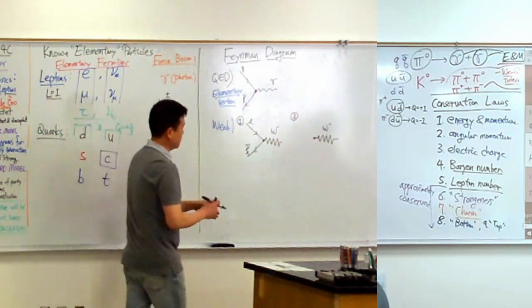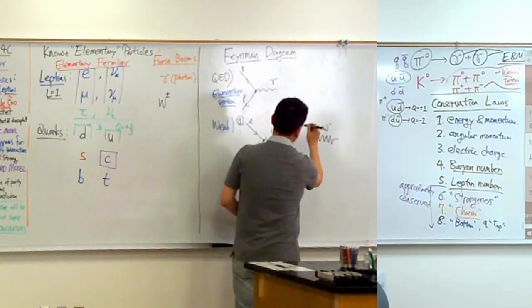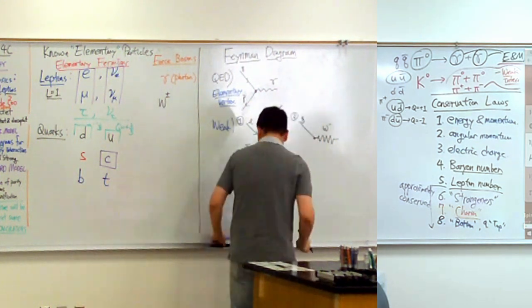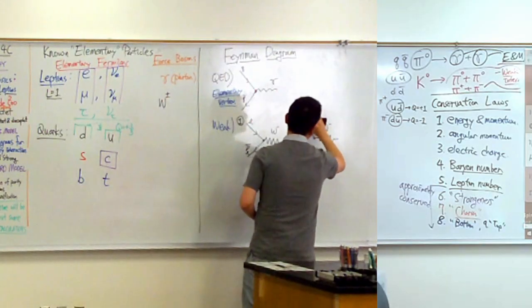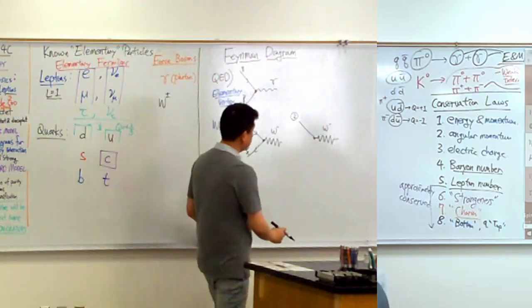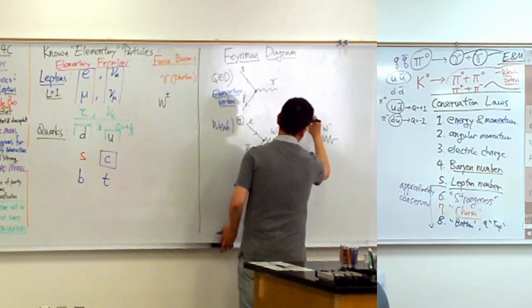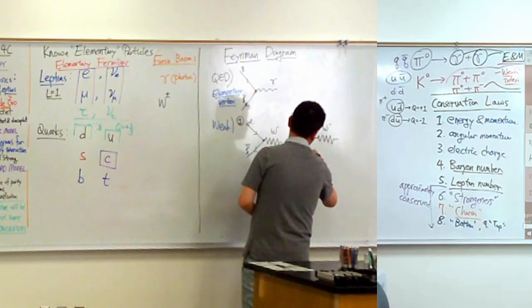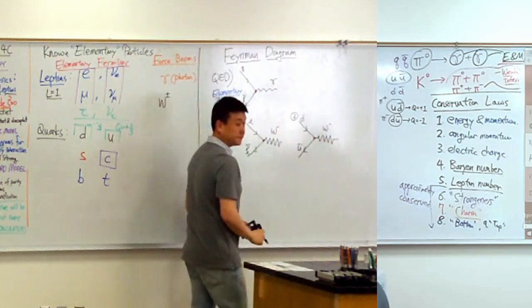So that's the second set of vertexes. I actually have to name them because it's not quark and antiquark. It's not the same version of the quark that's there. For example, if this is a down quark, then what's coming in here has to be an anti-up quark.